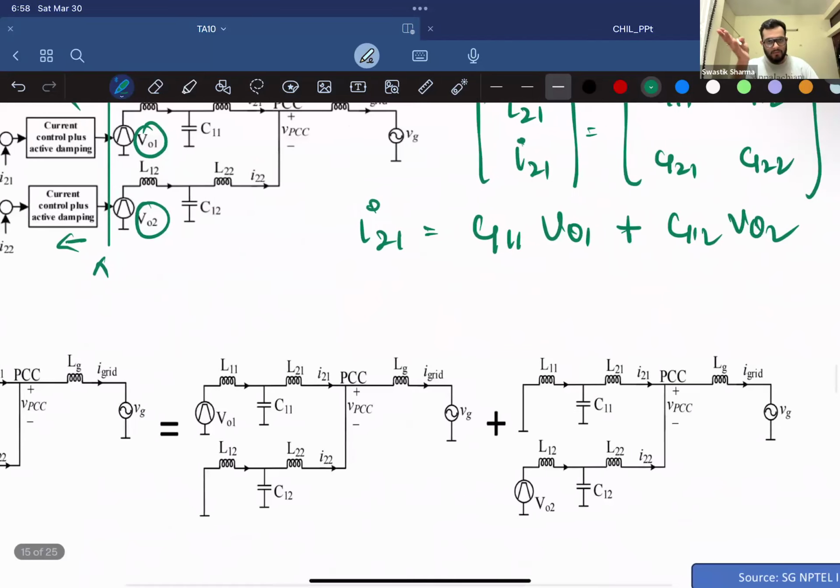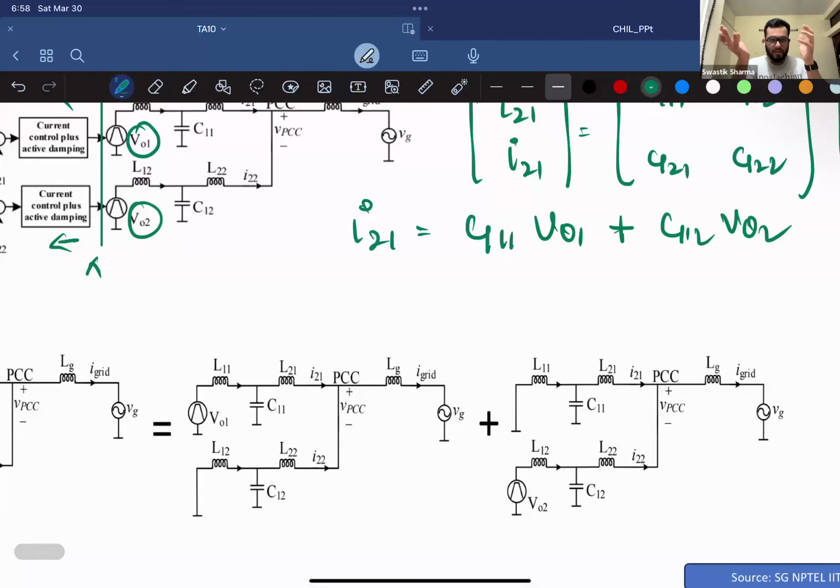You connect VO1 at one time and short the other one, and then short the first one and see how VO2 reacts to the grid. Now, at this point of common coupling, won't current flow from this end to this end? It could, right? There could be a flow of current from this end to this end, and on the other side, the flow of current would be in this direction.